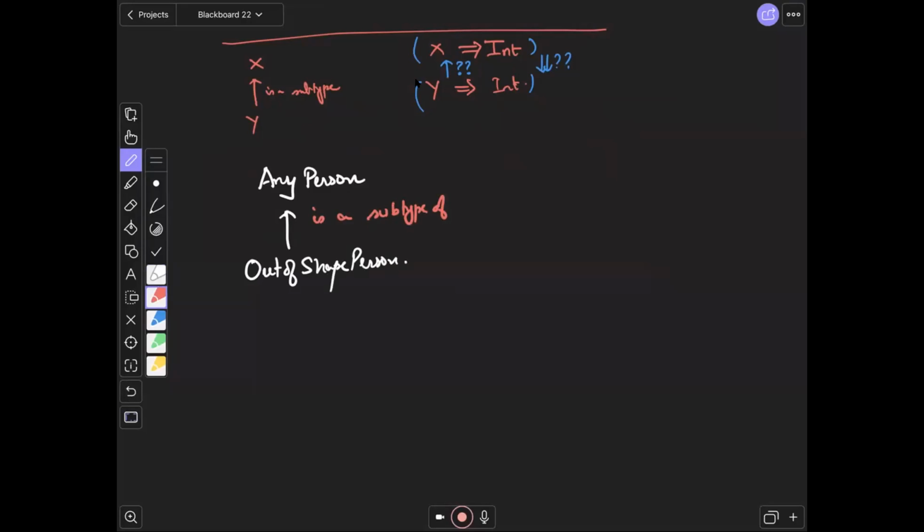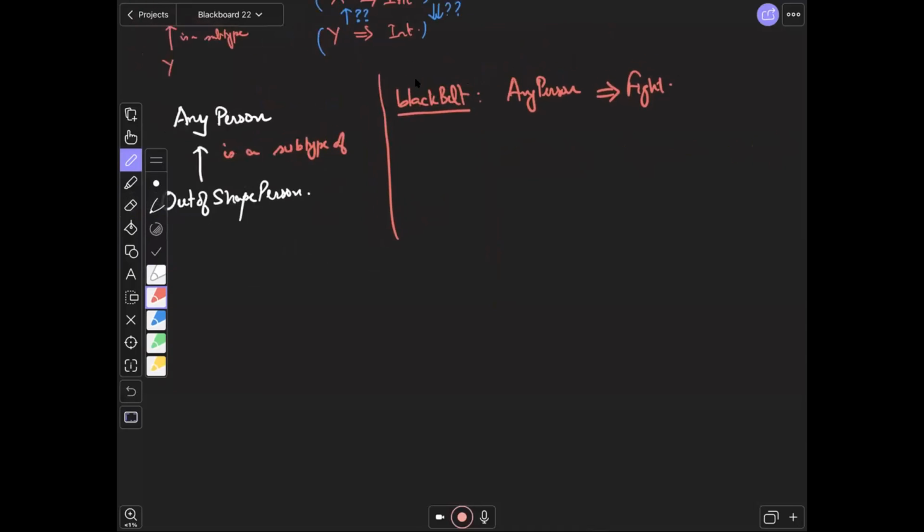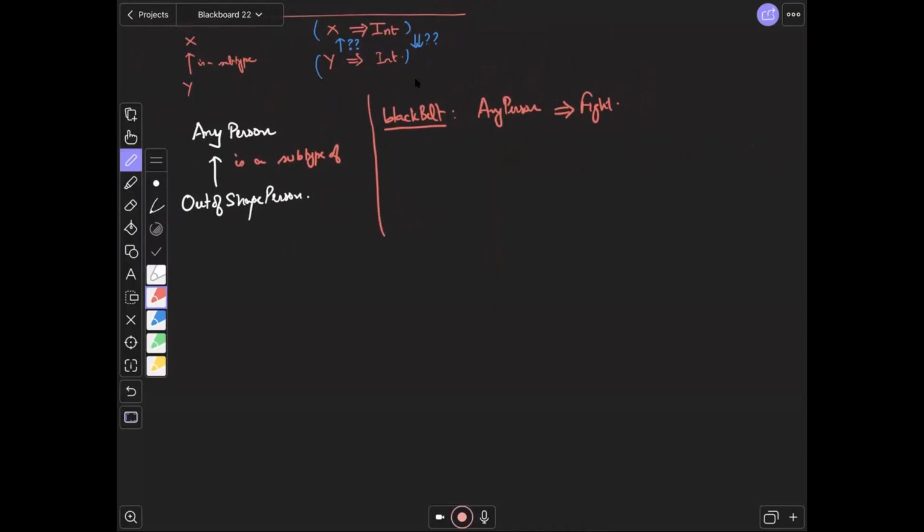All right. So let's think of it in the martial arts context. Let's think of a black belt master. A black belt can take any person and fight them. It's a function where if you input any person, they are able to fight them, right?